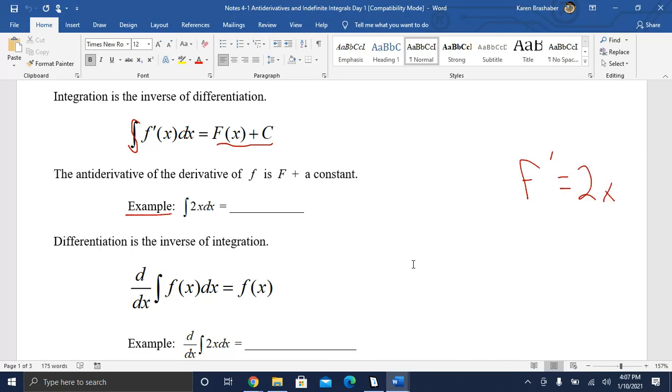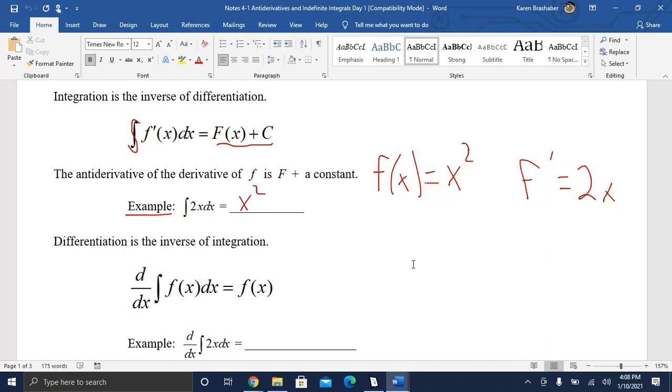If you think about it, the original function f of x could be, think about what happens to the exponent. It moves in front, so we would need something to have an exponent of 2. x squared would have a derivative of 2x. And so I'm going to put x squared there.